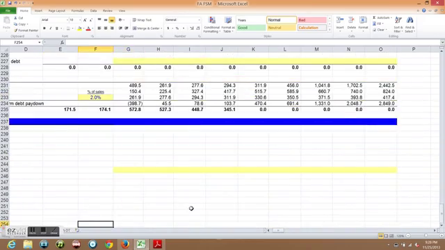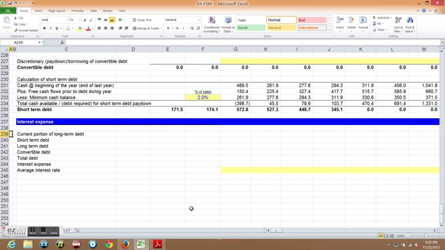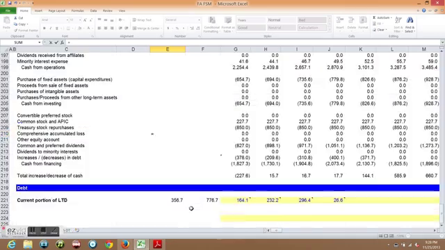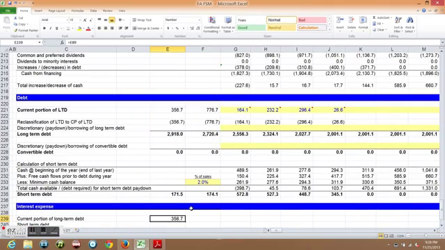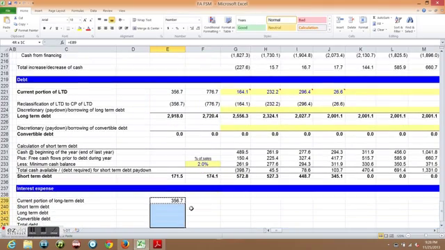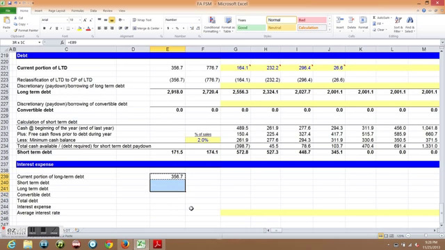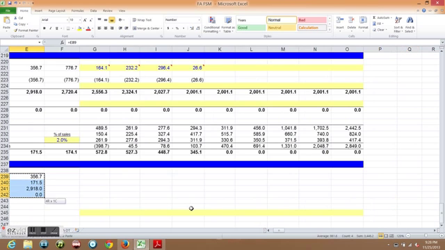Now we're going to project out our interest expense. So what we're going to do, we're going to bring up this amount again from our balance sheet. And typically, these are the same. Basically, these are typically together. So we're just going to do that. Copy that down. Go all the way down here. There.